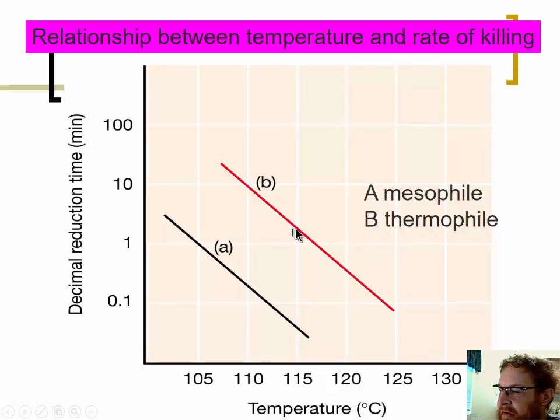That same temperature in a thermophile would only reduce maybe 90% of the thermophiles. So those things that are able to live at higher temperatures in general are going to take even more heat in order to kill them.